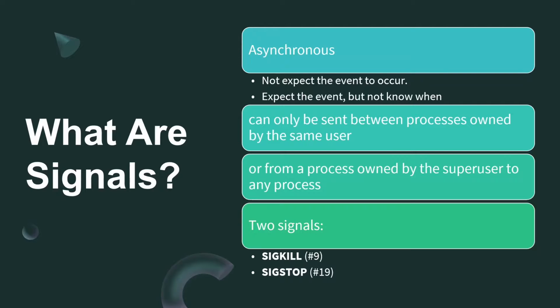By asynchronous, we mean the signal-receiving process may not expect the event, or expects the event but does not know when it is most likely to occur. For example, if a user decides to terminate a running program, it could send a signal to the process through the kernel to interrupt and kill the process.